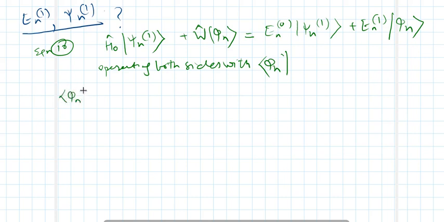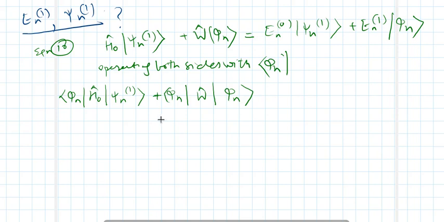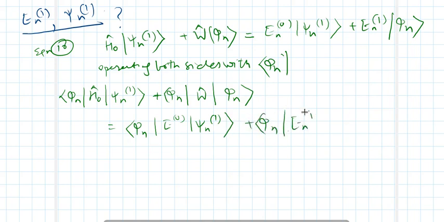This is phi n H naught psi n1 plus phi n W phi n, it must be equal to phi n E naught psi n1 plus phi n En1 phi n.